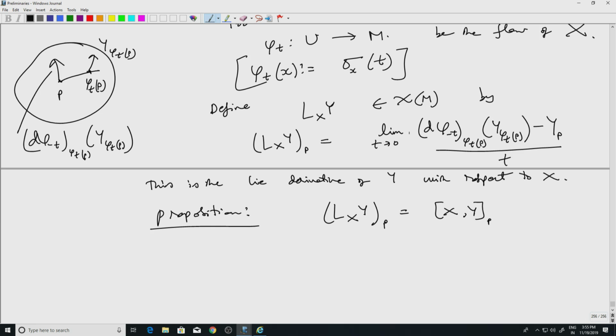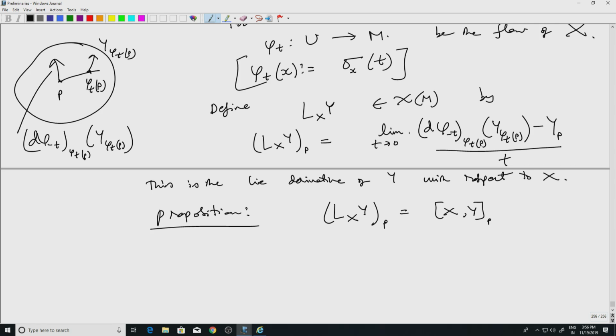Similarly, the fact that the Lie bracket is bilinear in the first variable X is not clear in the Lie derivative. So there is something to be done here to prove this, but I won't go into the details of this.